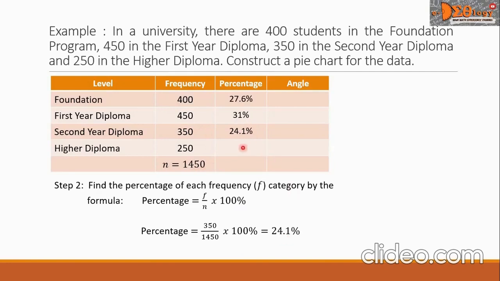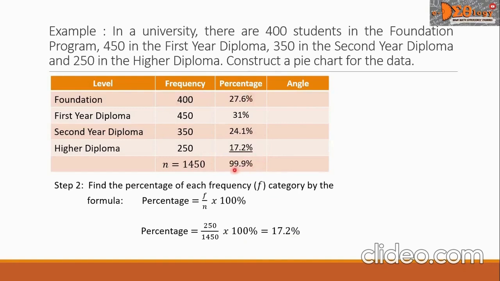The last blank is 17.2%, and this comes from 250 divided by 1,450 times 100%. After that, let us get the total of this column.